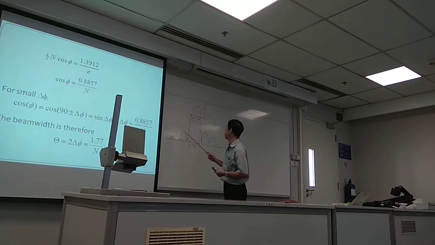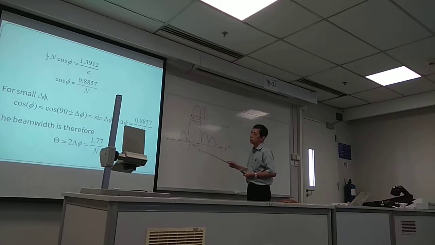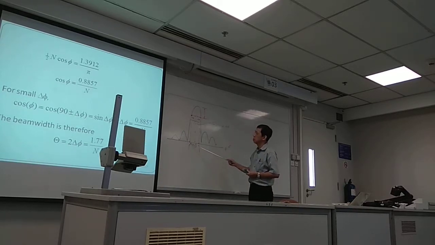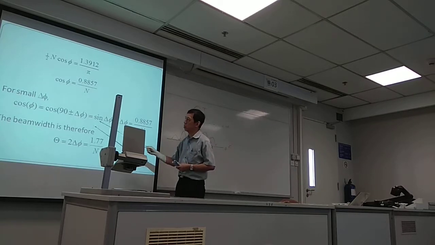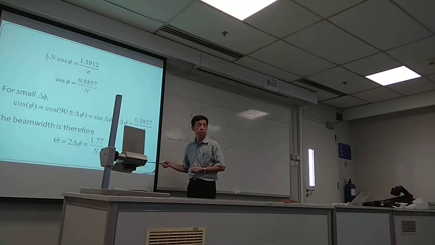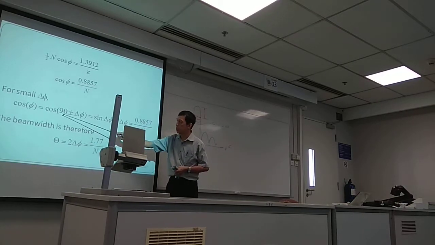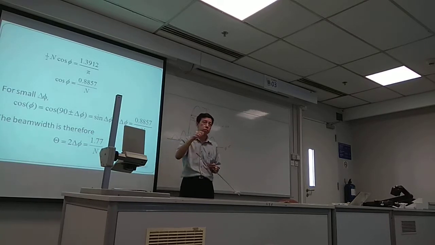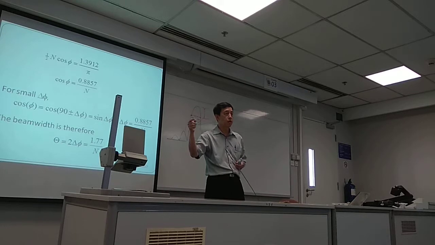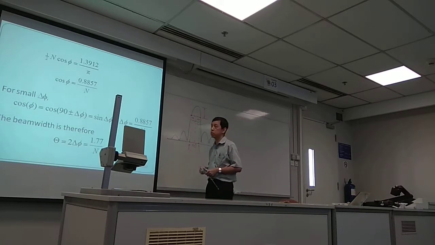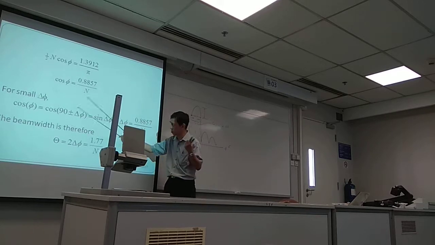Plus corresponds to this point, minus of course corresponds to the point over here. Alright, so you can use your trigonometry identity, right? Cosine of angle A plus minus angle B is cosine A cosine B minus plus sine A sine B. Do you still remember that?